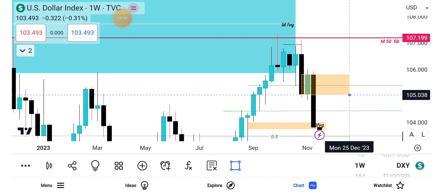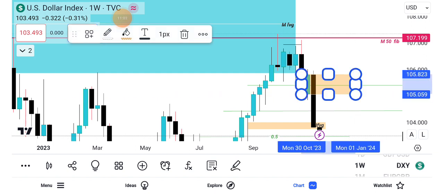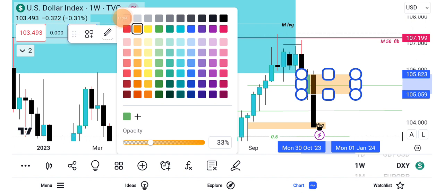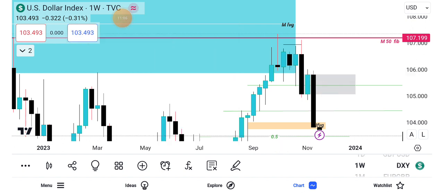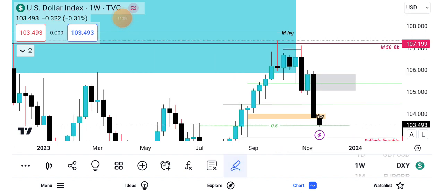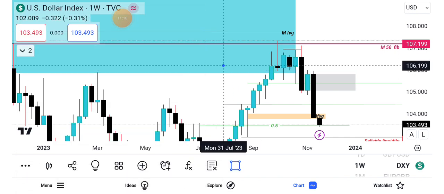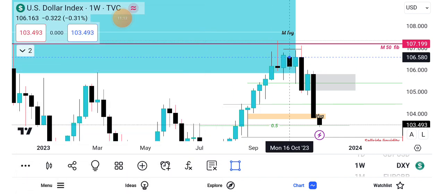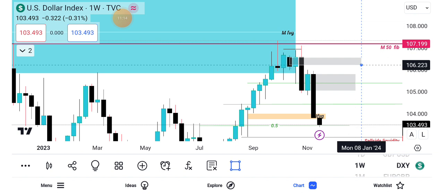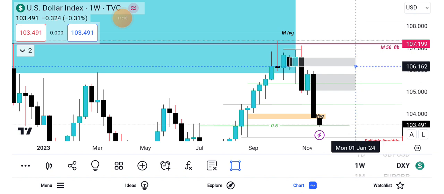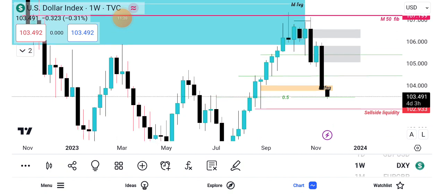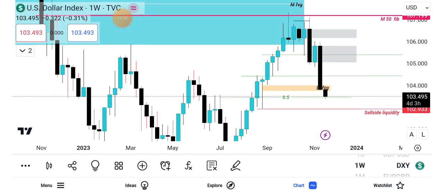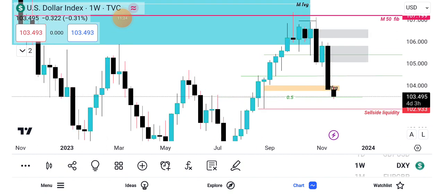Yeah, we have this order block, and also these other order blocks. To me, these are confluences that we might be heading lower.